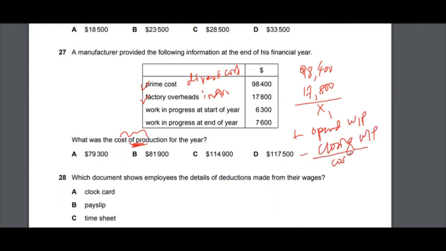That will give you the cost of production. Just follow this basic maths, and you should get an answer of option C, which is 114,900. Cost of production should come out as 114,900. So the correct answer to multiple choice 27 is option C.